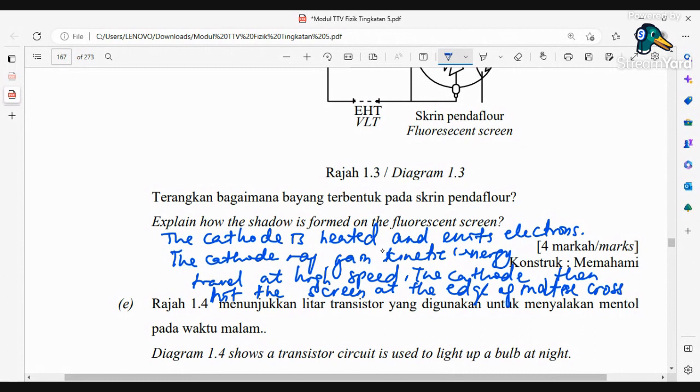Some of it will be blocked by the cross. That's why we can see the shadow of cross on the screen. Okay. Kinetic energy of electron is converted to light energy. Okay.